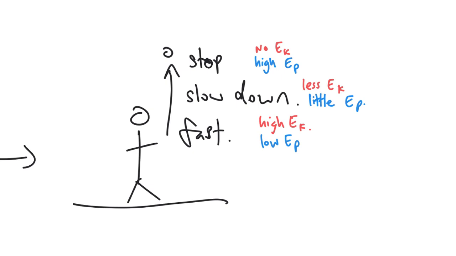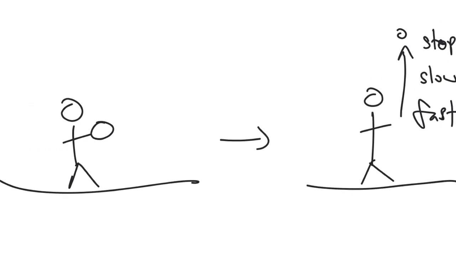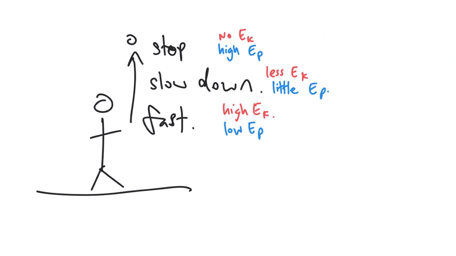Why does it have low EP at the bottom and not have zero gravitational potential energy? Well, when I was holding it off the ground, it still has the gravitational potential energy from here to here, right? So it doesn't have no gravitational potential energy if you're holding it, but if it's on the ground, it would have no gravitational potential energy.